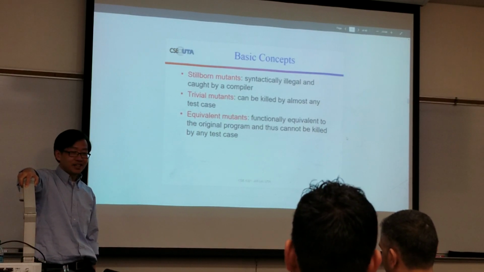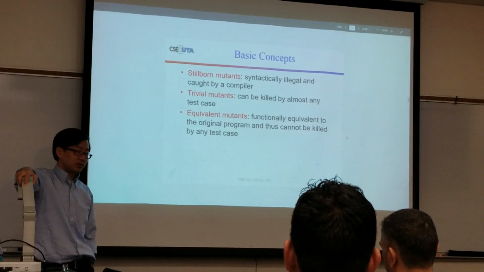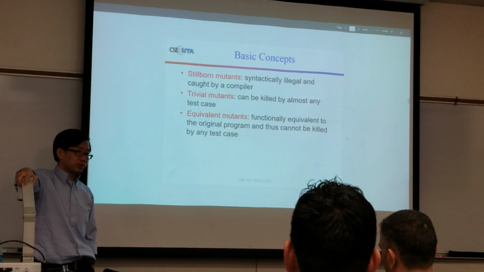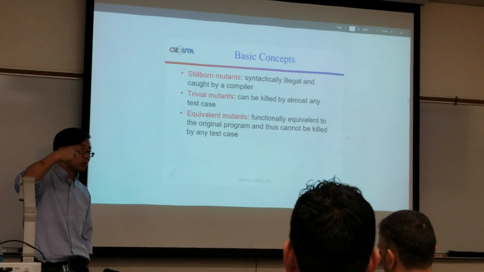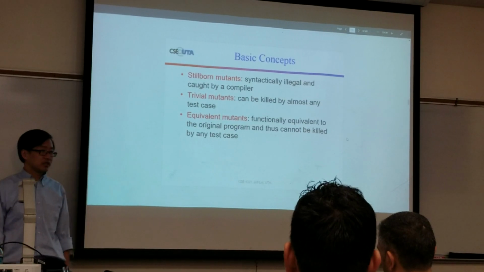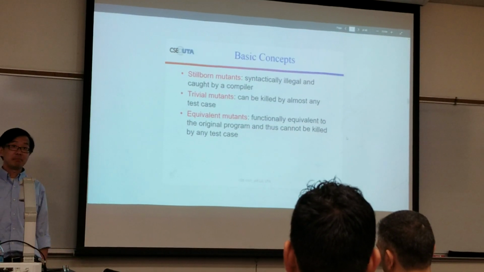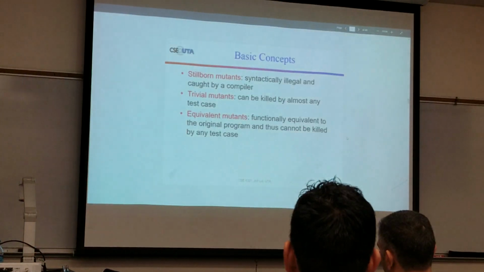It's because there's no way you can kill that mutant. The mutant is equivalent to the original. When you compute the mutation score, you want to identify those equivalent mutants and exclude them. Because otherwise, you get a misleading score.